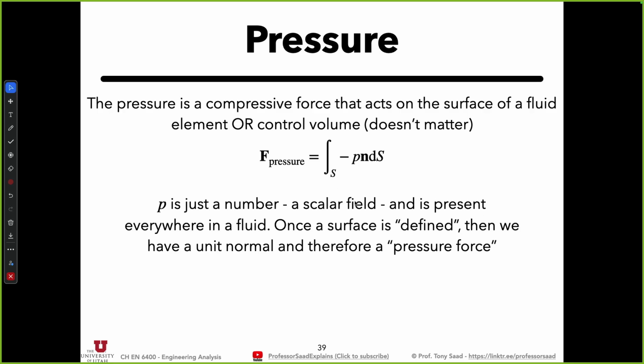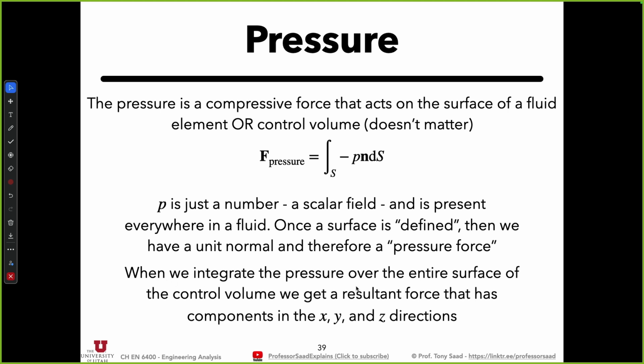P is just a number, a scalar field. It changes in space, changes in time. Whenever you put a surface, it's going to act on that surface. It is present everywhere in a fluid, and once a surface is defined, we have a unit normal, and therefore we have a pressure force. Now, when we integrate over the entire surface, remember, the pressure is force per unit area, right?